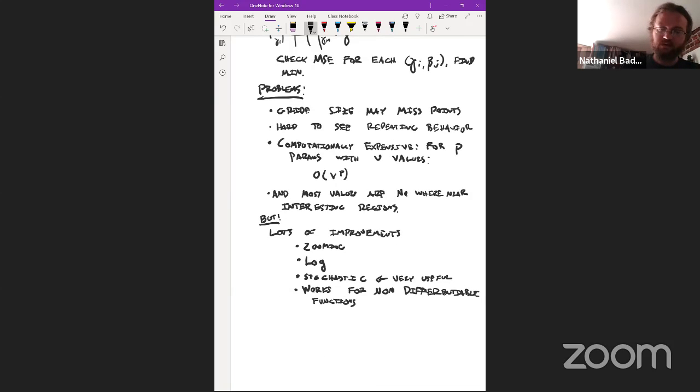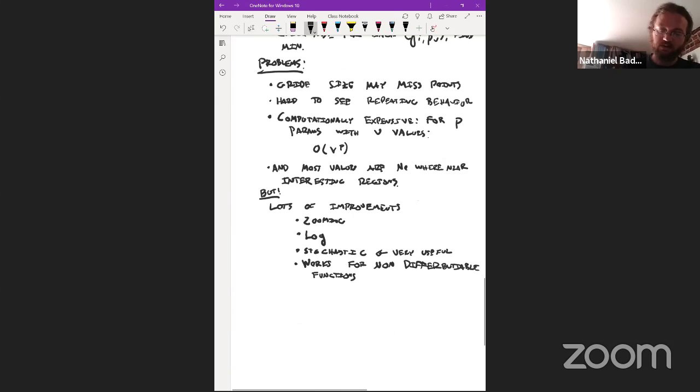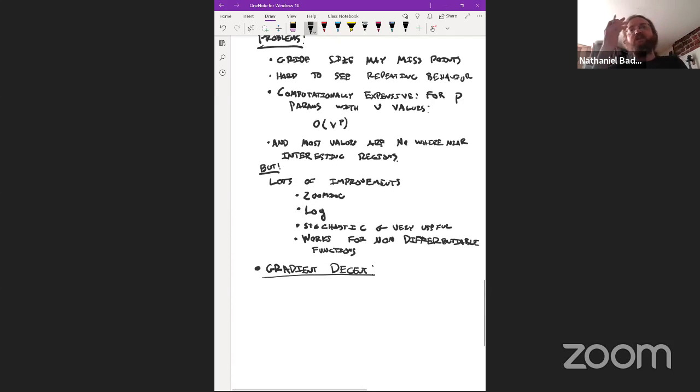The second is gradient descent. Gradient descent is the tool that is used most often, probably, in modern machine learning optimization, at least at some level.